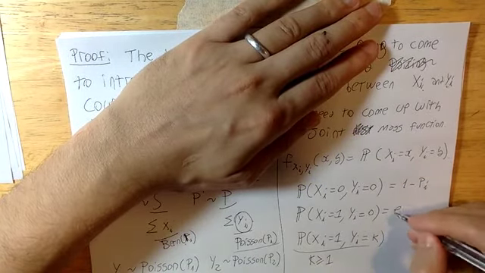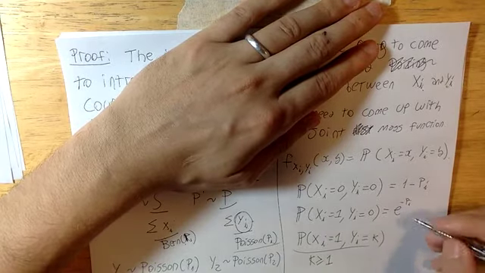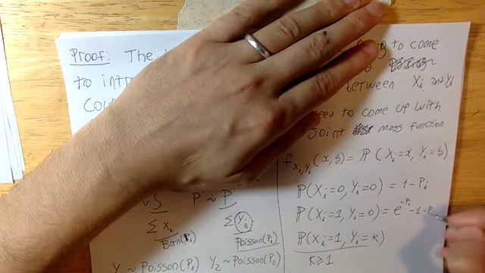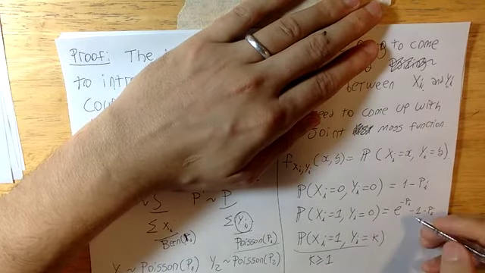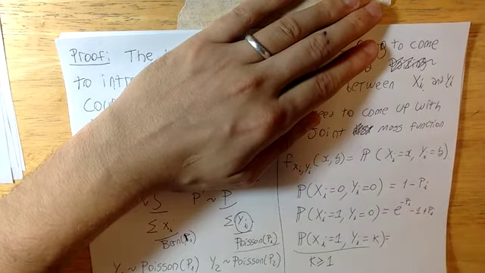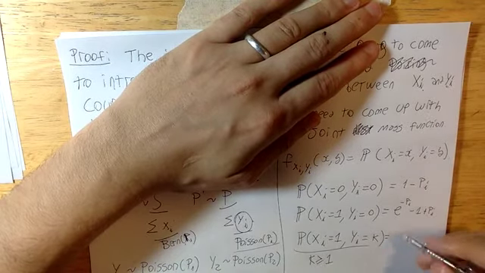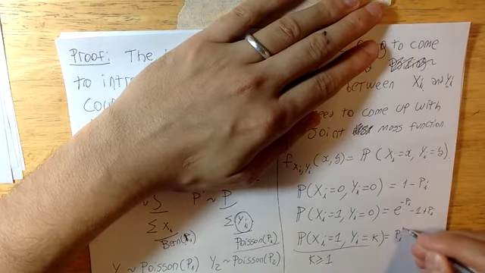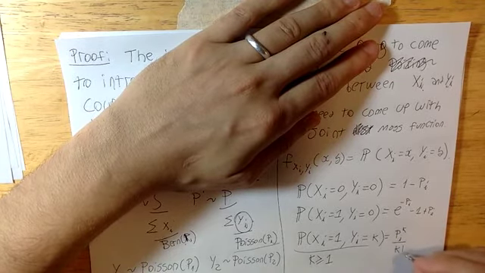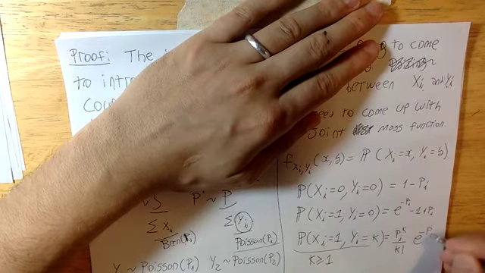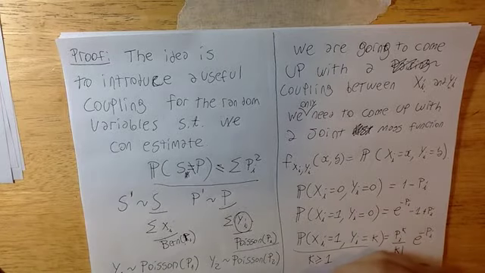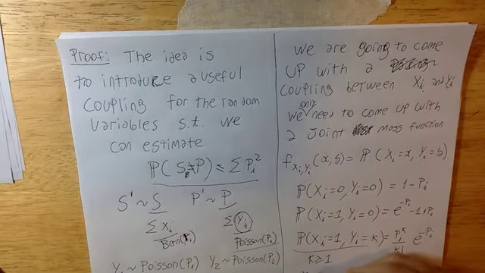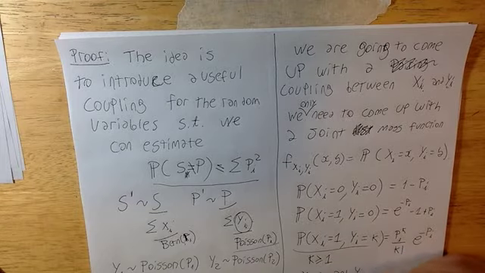Here we're going to put e to the minus p_i minus 1 minus p_i, plus p_i, sorry. And here we are going to put p_i to the k over k factorial times e to the minus p_i. Okay, so this is a coupling, and one of the things that we should note is that x_i and y_i are not independent.